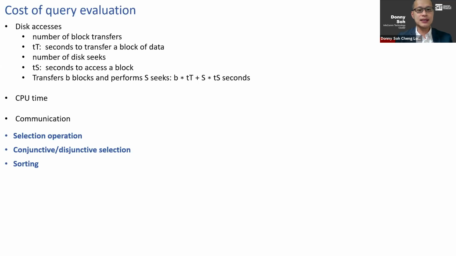If you are going to transfer B blocks and make S seeks, you need B times tT plus S times tS. This is the time it takes for you to transfer the blocks of data over.